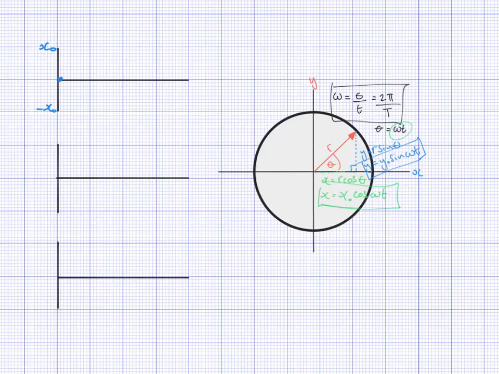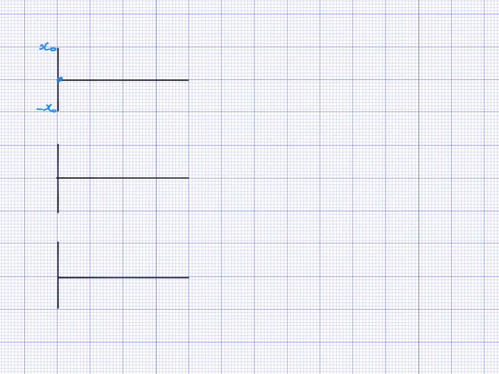And the reason I want to do that is so that I can have a sine graph to start with, just because it feels right to start with a sine graph. So at time 0, our x amplitude is 0, because we're choosing that as our starting point. So there's my dot on my graph. As time goes on, this is going to increase. It's going to come up and then down like this. And there's my sine graph.